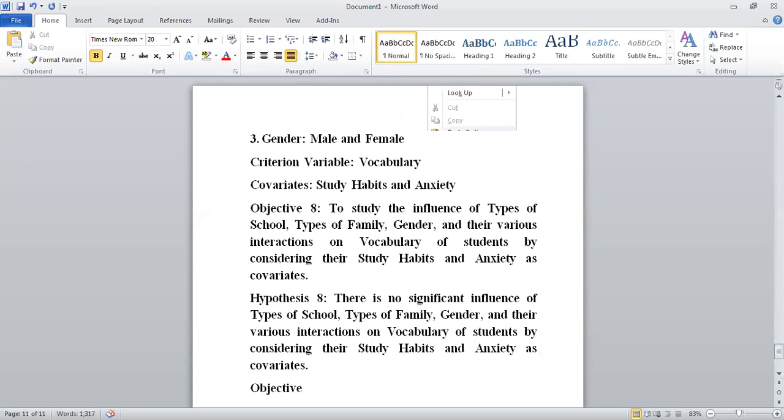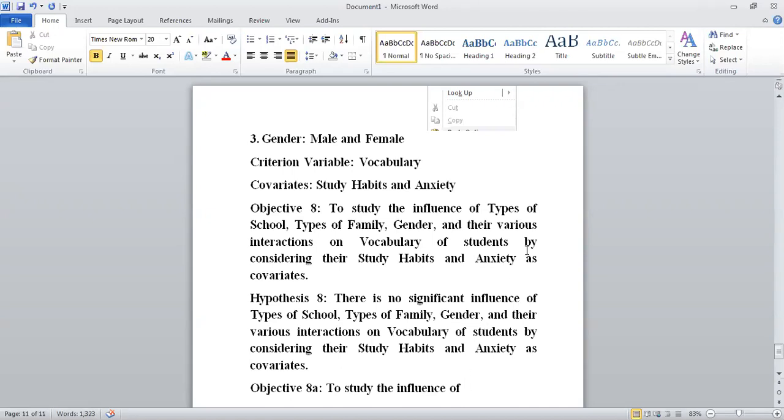Say I can write objective 8A will be to study the influence of, what is the first variable I have written under A, I have written types of school.